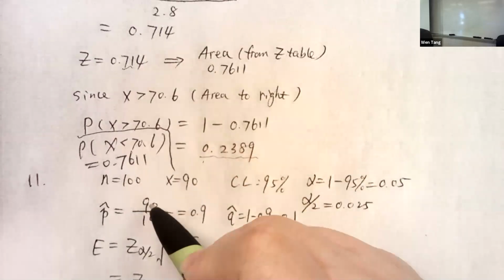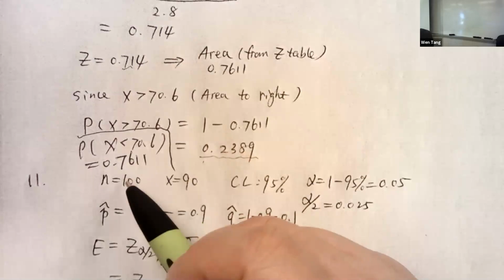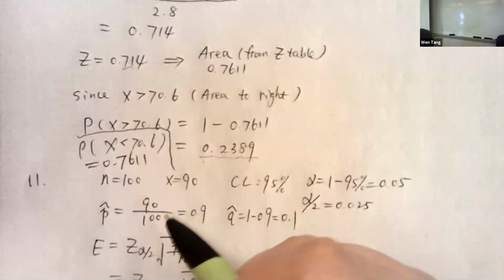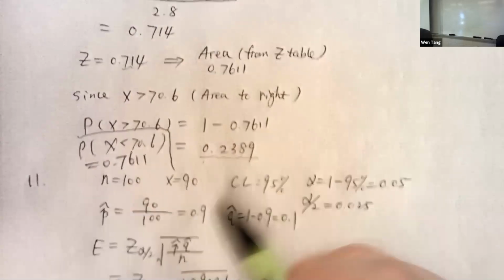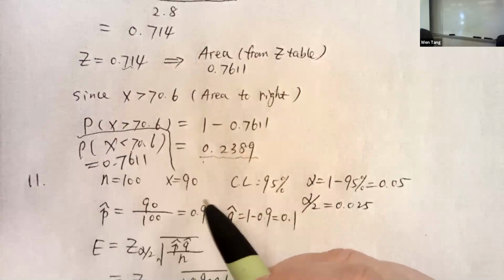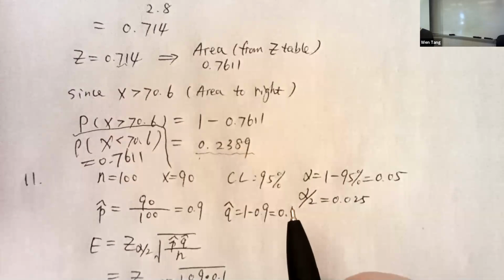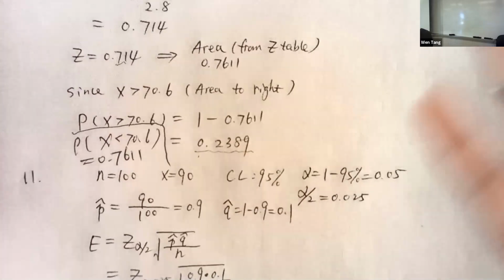So 90 divided by 100. 100, that's the total number we have. X divided by N. So this is the sample proportion P hat. It's also the best point estimate. Next step, we're gonna find the margin of error, right? Because the format is P hat plus minus E, margin of error.